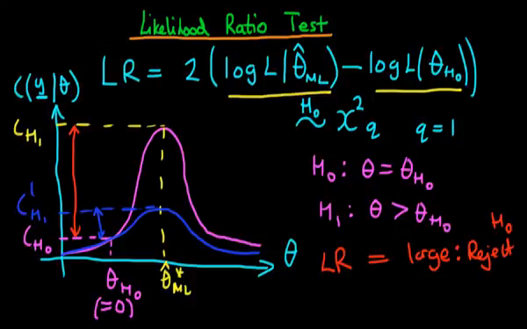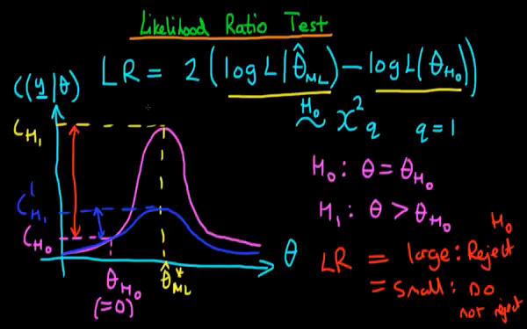So in this example, the likelihood ratio statistic would be relatively small, and in that circumstance, we do not reject the null hypothesis. We don't reject because this difference in likelihood between the value of H0 and H1 could really just be due to sampling error.